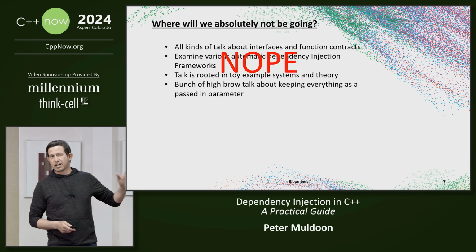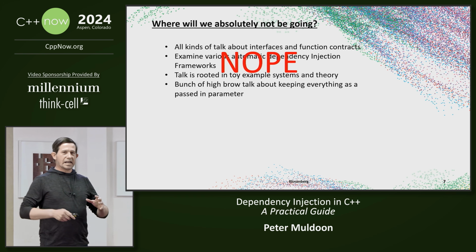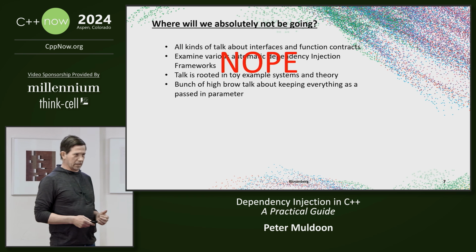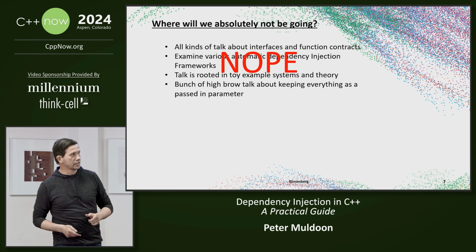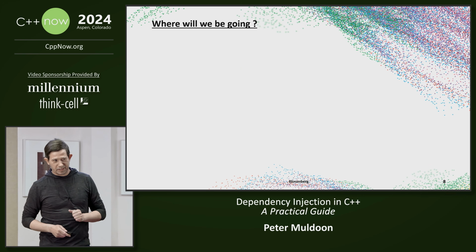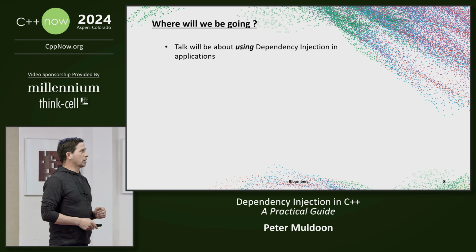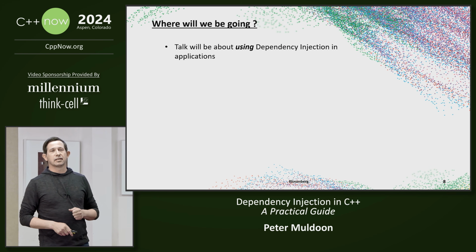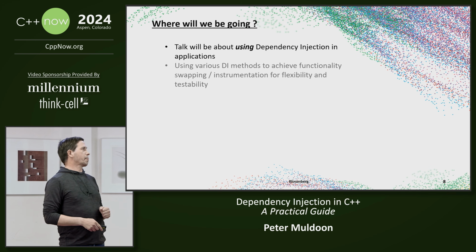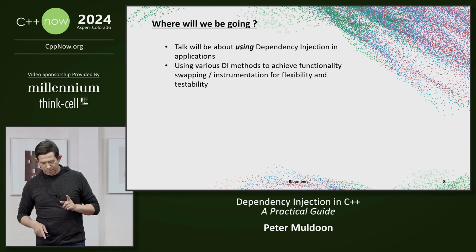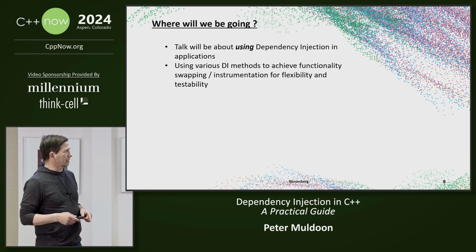This is what I found out there when I went to look up dependency injection. A lot of this stuff going on, and I didn't find it particularly helpful. So where we're actually going to be going today is we're going to be using dependency injection in real applications, right? And we're going to look at the various methods. I've got to cover the basics, even if you guys know them.